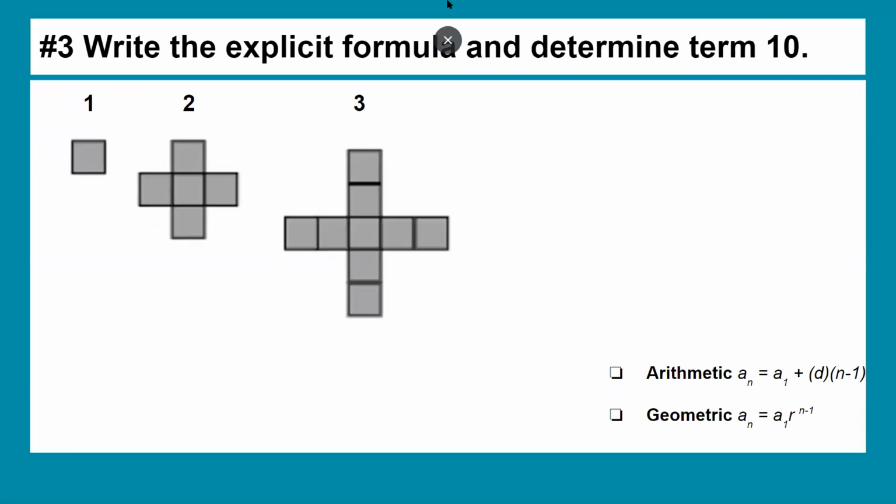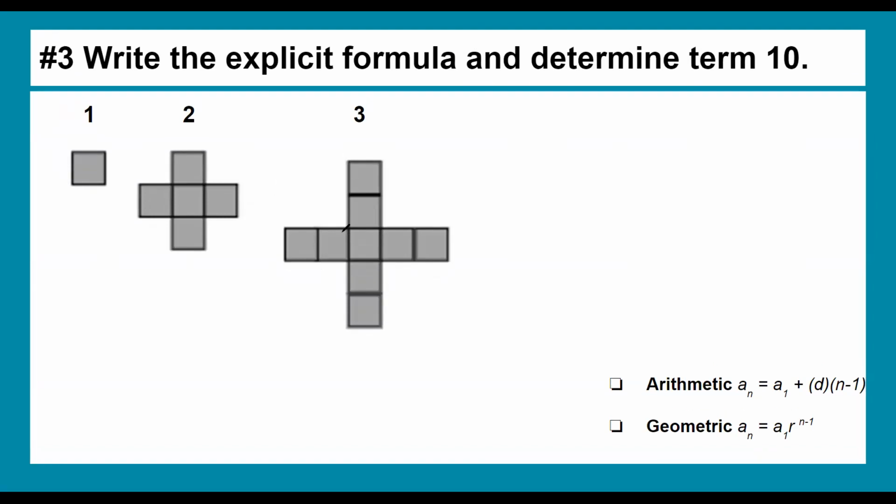Okay, so now here the directions say to write the explicit formula, and we need to determine a term. So first we're going to identify how many squares are in each image. The first one is 1, the next is 5, and the last is 5 plus 4 is 9. So my rule is to add 4.